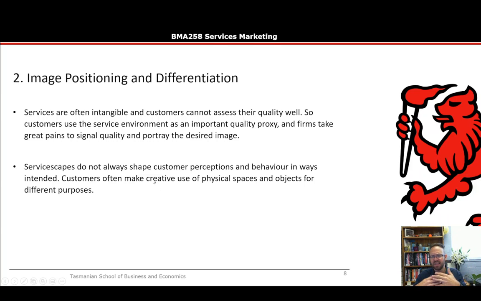So what message is it saying, and does it relate back to how they're trying to position themselves in the marketplace? This is a really important function of the servicescape, and one that we spend a fair bit of time analysing.